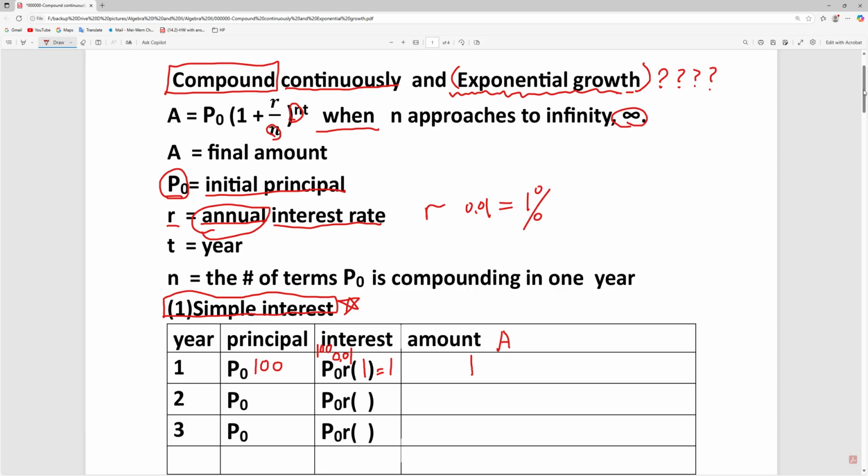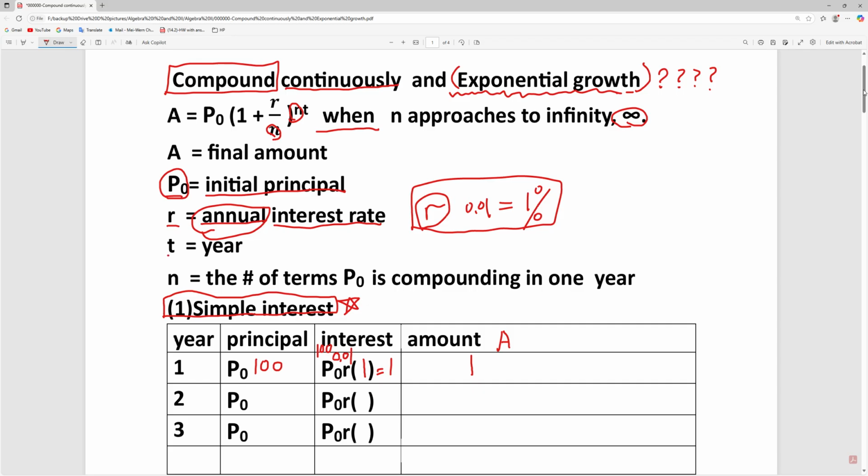Now, if you want to calculate your interest rate many times in 1 year, then definitely we won't be able to give you this very good rate, because this rate is for 1 year. Okay?